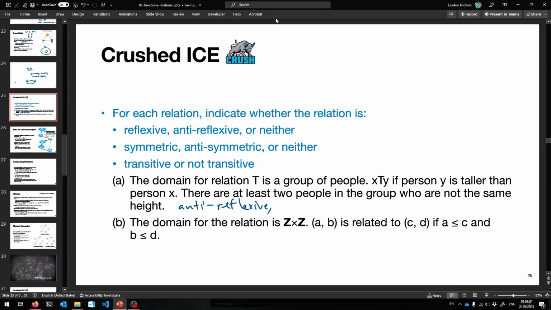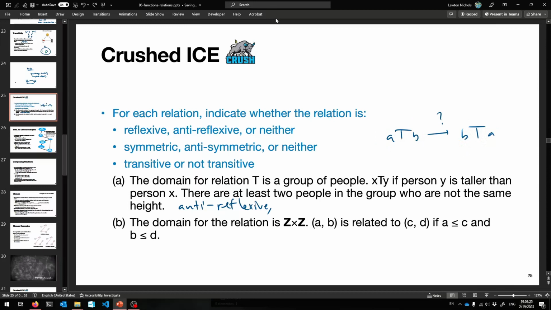And now is it symmetric? If I know that A and B are related under T, that B is taller than A, is there a way to understand that it's also true that A is taller than B? If B is taller than A, is it also true that A is taller than B?